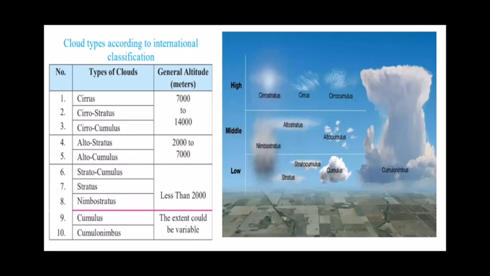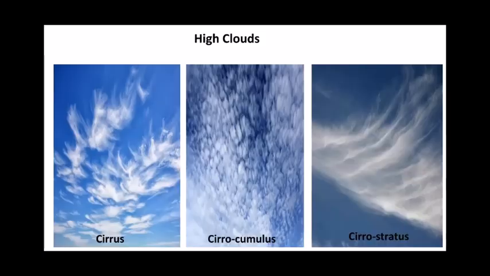So children, all these clouds are divided according to the altitude, that is the height from low to high. So let's learn about it in detail. First we will do the high clouds. Those are cirrus, cirrocumulus, and cirrostratus.